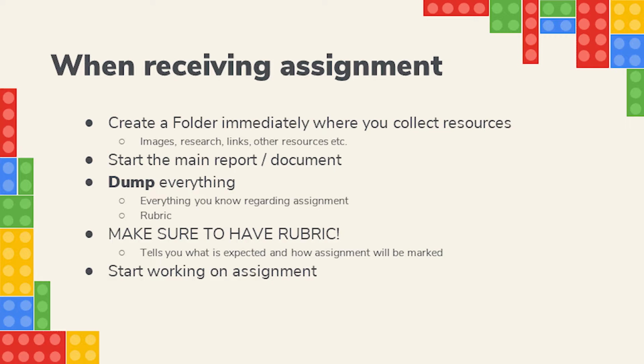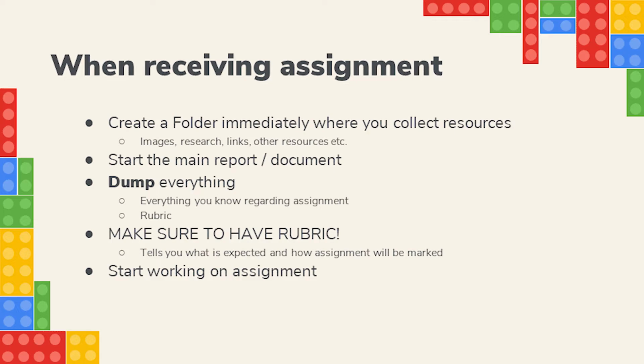The second thing, as soon as you get the assignment, you start its main report or document, whatever the teacher asks you to, and in that document fill in as much as you already know.